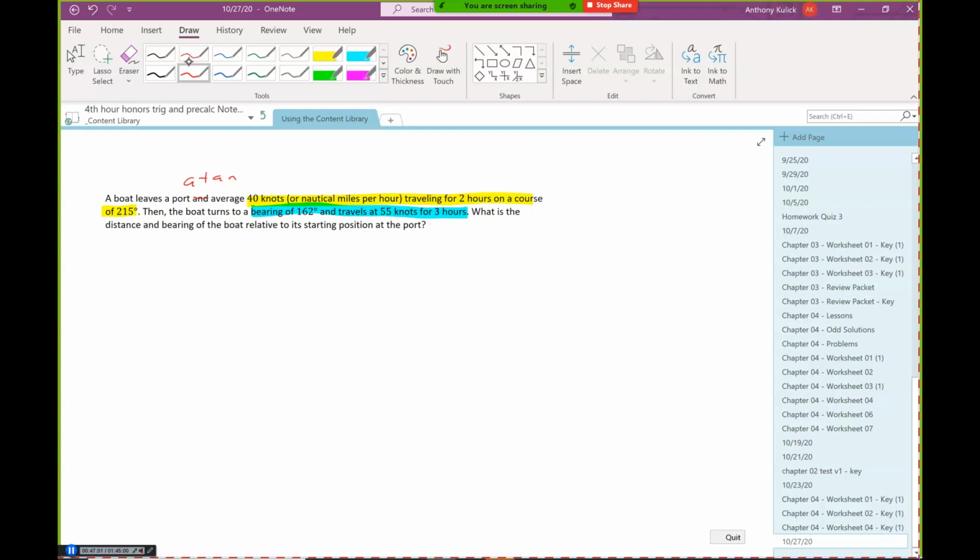So I'm going to call vector 1's magnitude 40 knots, oh sorry, miles. How did I get that? 40 knots, at 215 degrees.